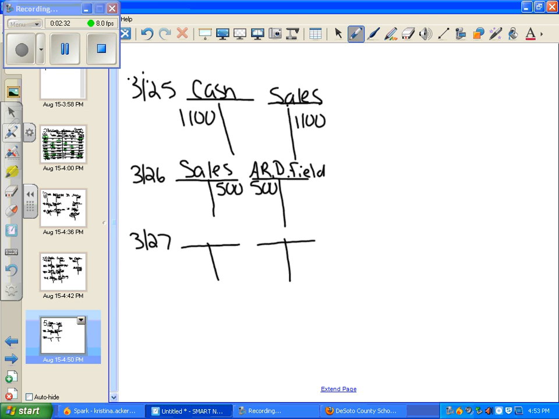So we have cash and advertising, which I'm going to abbreviate ADVER, and expense EXP. Our cash is going to decrease, and we're going to decrease cash with a credit. So we have a $125 credit to cash, and our advertising expense is going to increase. So we're going to increase that advertising expense with a debit.